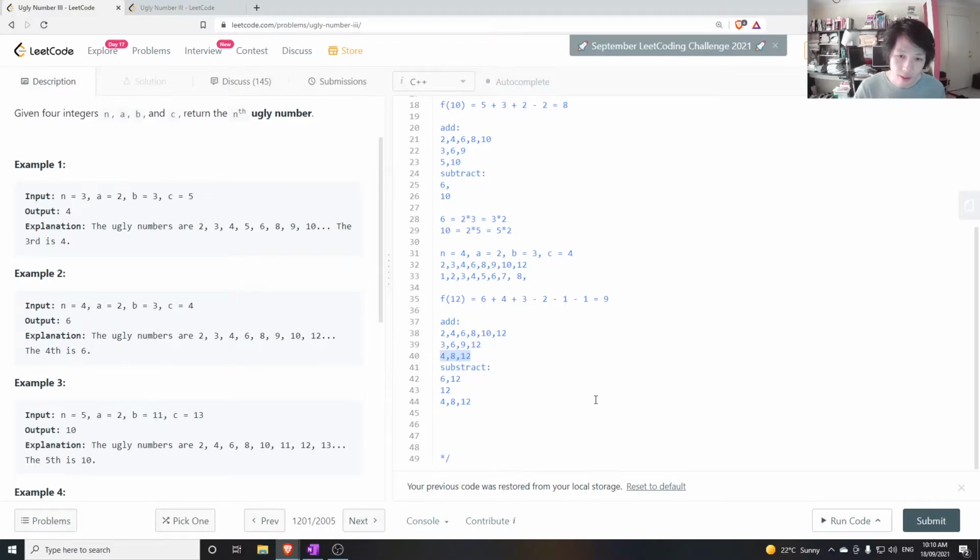Okay, but what is the least common multiple? It's the multiple that is the least. So for 2 and 4, for example, the least common multiple is 4, because I can multiply the 2 by a 2 and the 4 by a 1.